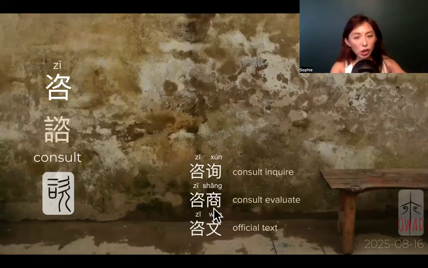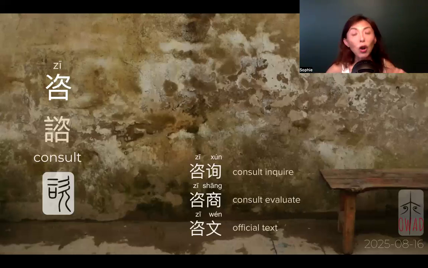Okay, 咨商 means, well, it means business, but the core meaning, the foundational meaning of 商 means evaluate something. So it's a Chinese effort to show you, for you to evaluate something, you have to quantify things. So it's quantitative thinking from the very beginning of creating this word. And business is pretty much calculating about everything so that you can find your opportunity to make money out of it, right?